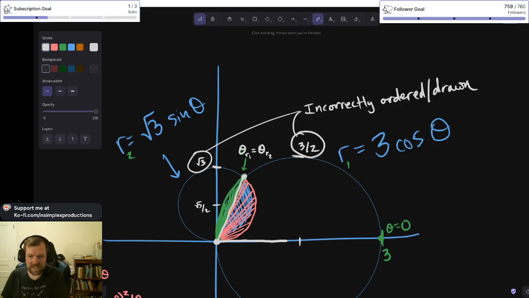So it's not going to be what I just did here. You notice that this is 1.5, and this is about 1.6. I don't remember what square root of 3 is. Oh, 1.73. Okay.